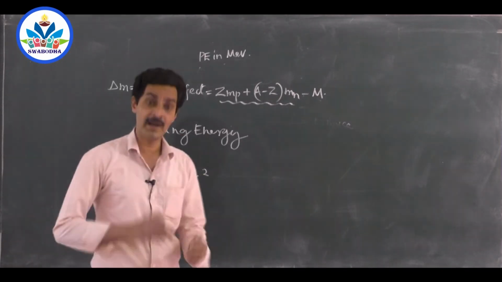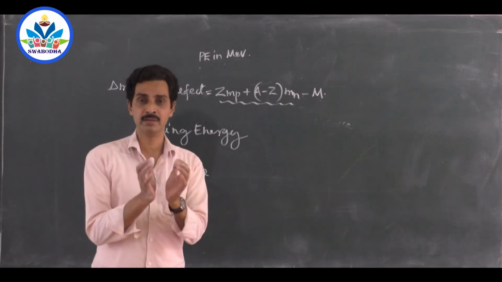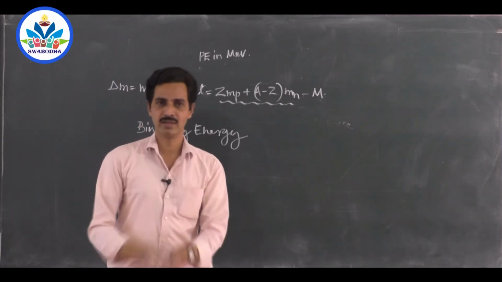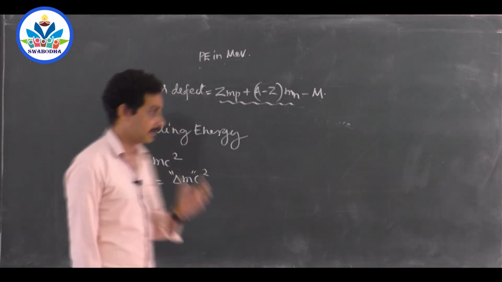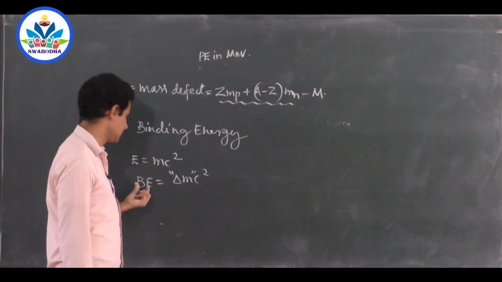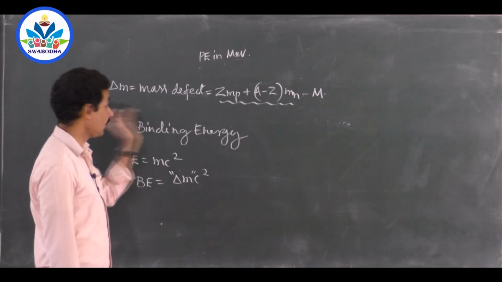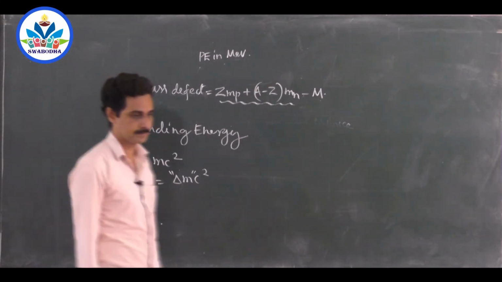So that much amount of mass is lost, not only just to form the nucleus, just to construct the nucleus, to give energy to the nucleus, and it is now stronger now. It is stable and it is very strong, and that strength is given by this binding energy.